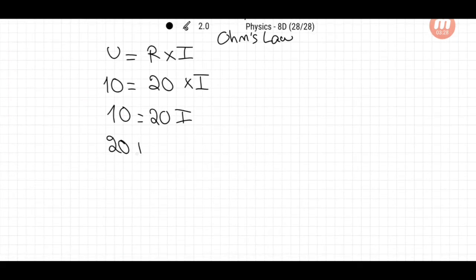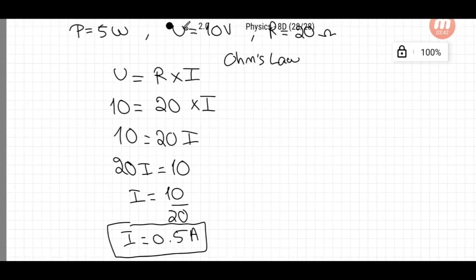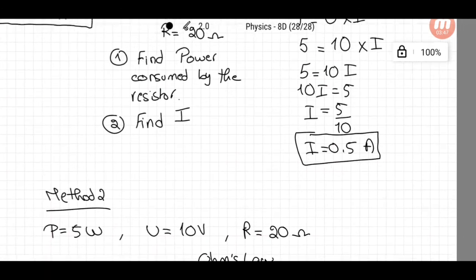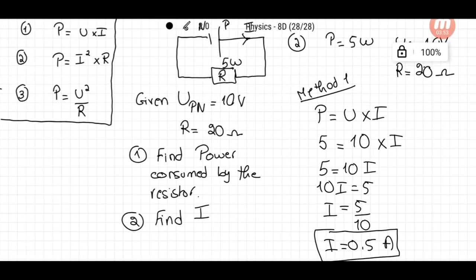So 20I equals 10. I equals 10 over 20. I equals 0.5 amperes. So I have found I using Ohm's law. Here I have found I using the formula of the power. Both methods are correct.